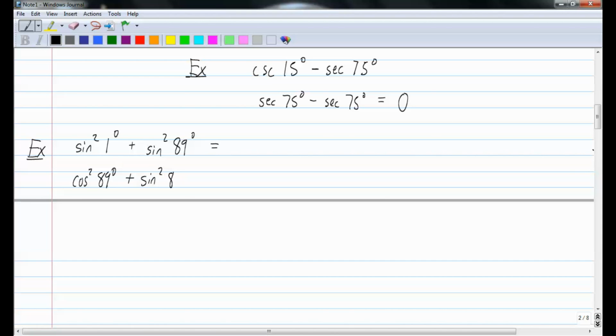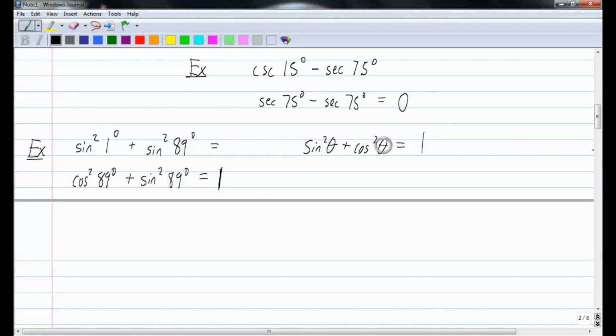And so if I have cosine squared of some degree plus sine squared of that same degree, then by the Pythagorean identity, what does that equal to? 1. Right? The Pythagorean identity is sine squared theta plus cosine squared theta equals 1.